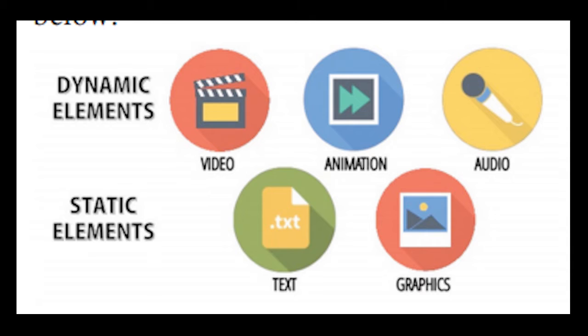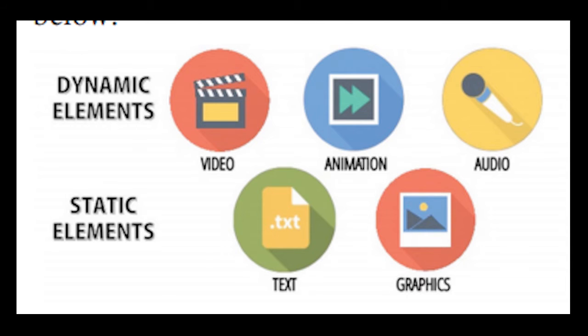Then we saw animation: path animation and frame animation. Then sound: MIDI, musical instrument digital interface, and digital audio. In video we saw analog video and digital video. And then we saw the file formats of multimedia.